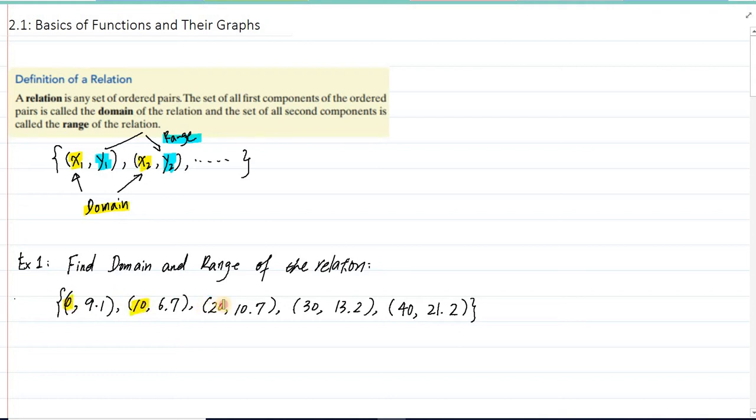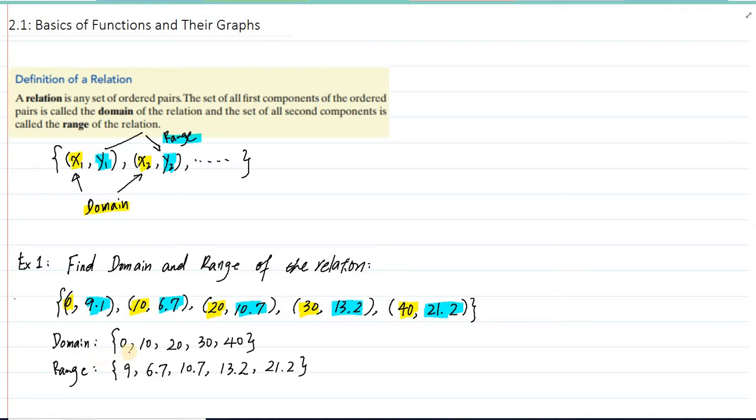All our x, the first component of the ordered pair, is our domain, and all the y is our range. So we can write the solution as the following. Our answer is: domain is 0, 10, 20, 30, 40, and range is 9.1, 6.7, 10.7, 13.2, and 21.2.